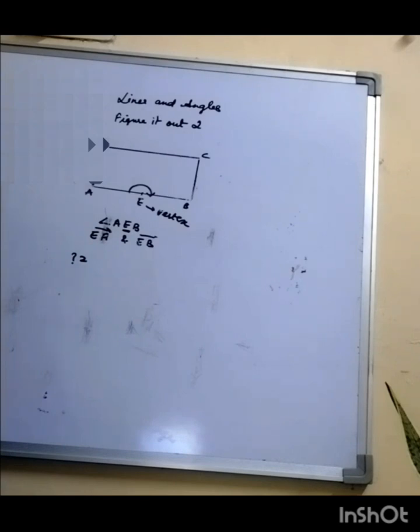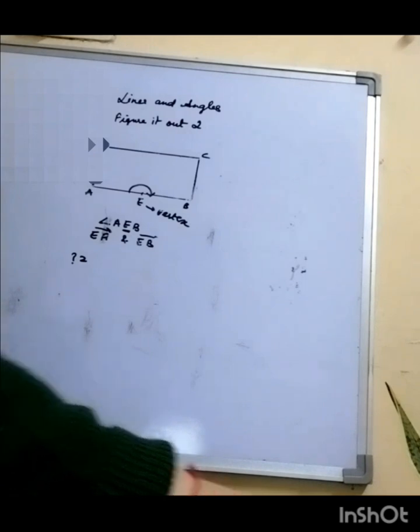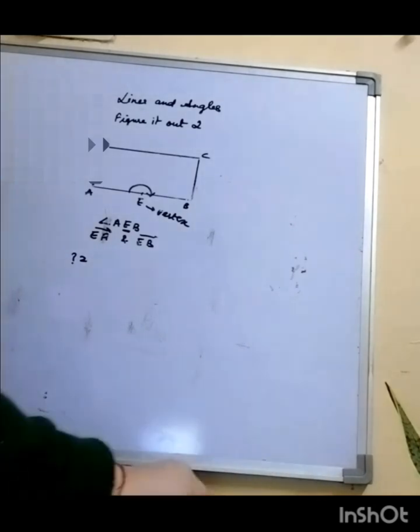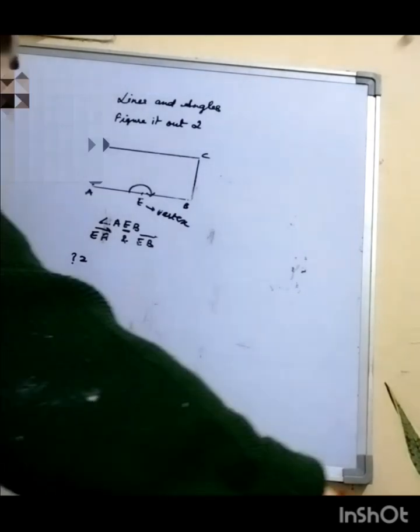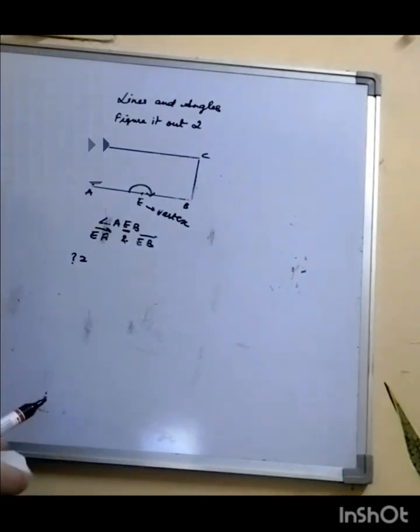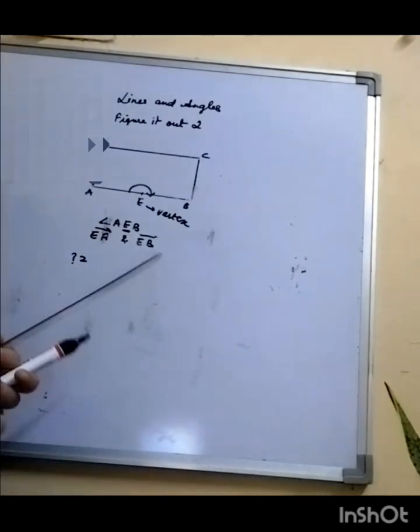In each case, determine which angle is greater and why. So you have been given a figure and you have to determine which angle is bigger and why that angle is bigger. Though just by observation you can tell, let's make the figure on the board.